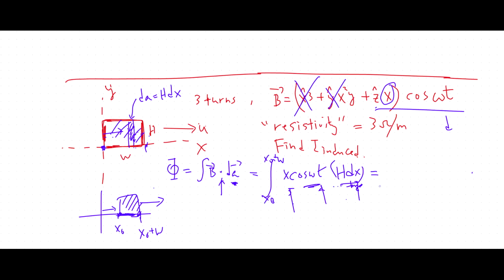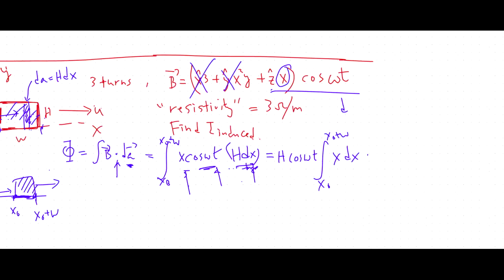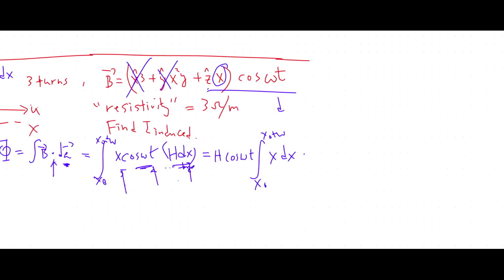So here, if I would do one more step, I would say h is a constant, cosine omega t is a constant. So what I really have is x dx from x naught to x naught plus w. And then to do this integral is just equal to h cosine omega t, and then this is x squared over 2.